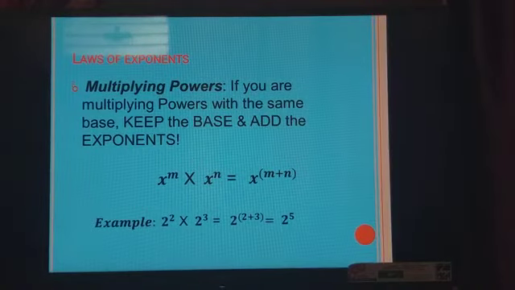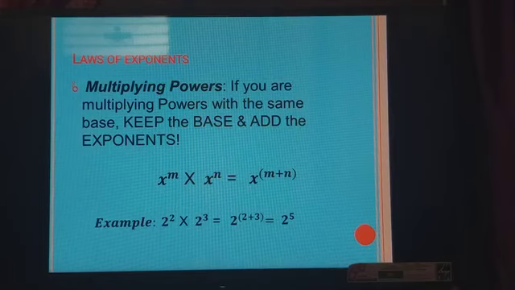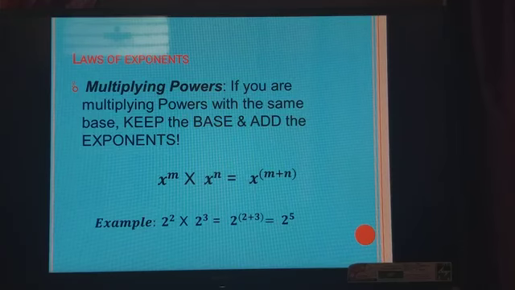For example, x raised to m multiplied by x raised to n, we keep the base the same, that is x, and add the exponents of both powers. The example is very evident: 2 raised to 2 into 2 raised to 3 is equal to 2 raised to 2 plus 3, that is 2 raised to 5.